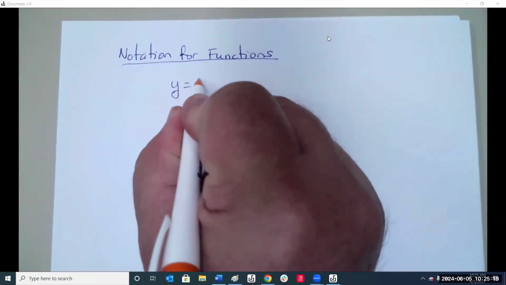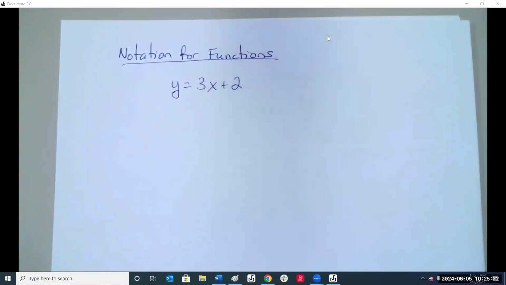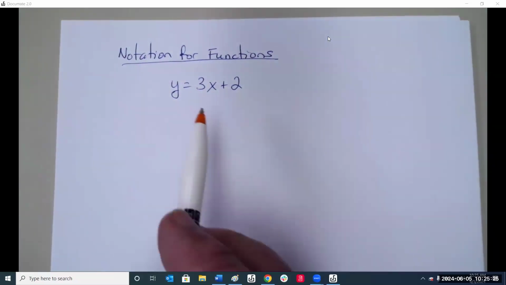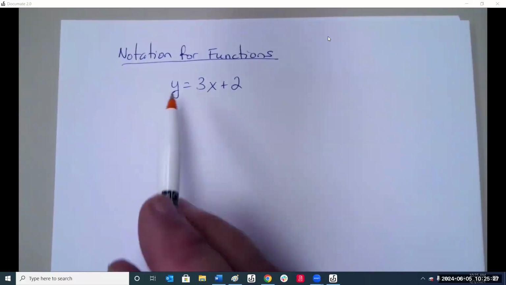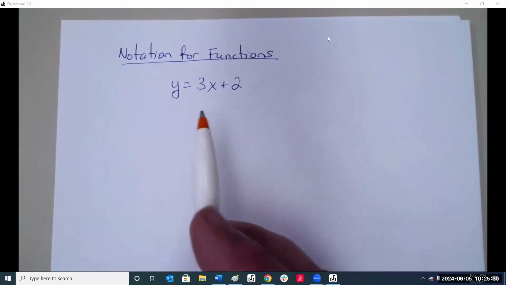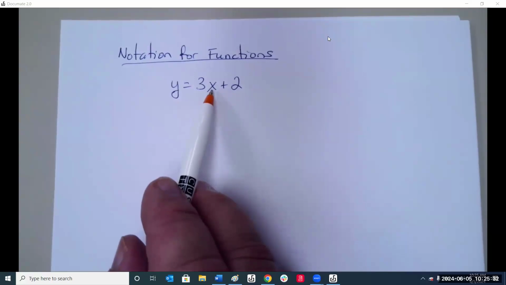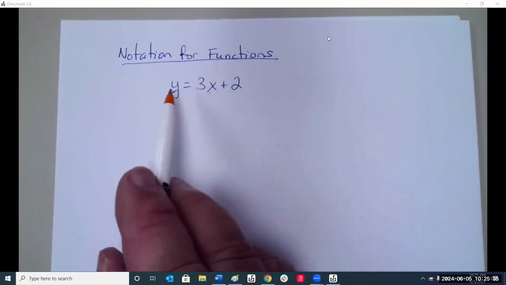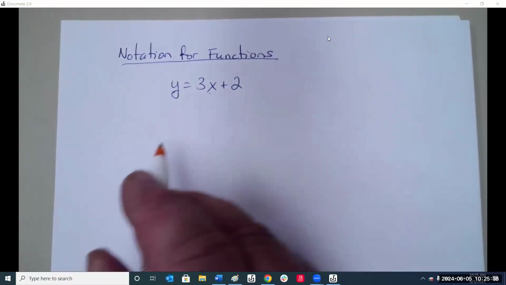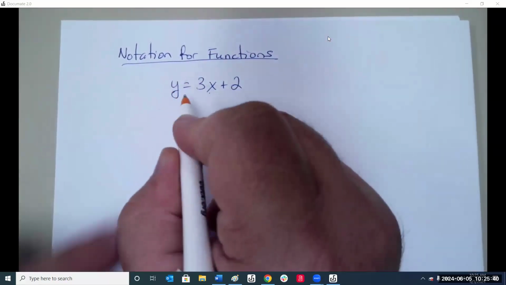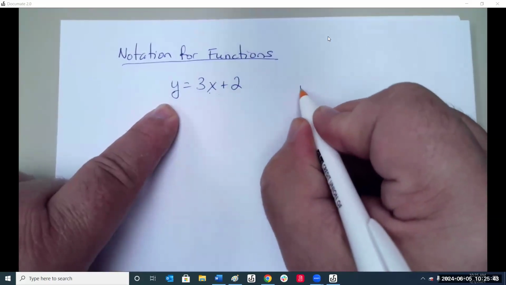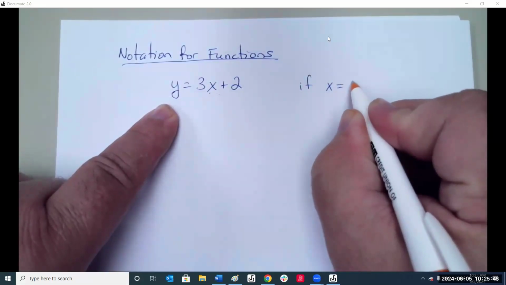Notation for functions. The reason we deal with functions instead of just equations: an equation looks something like this. We know it's an equation because there's an equal sign. X is independent. I can pick any X I want, plug it in there, and it tells me the Y. For you to tell me what Y is, I have to tell you X equals 3.